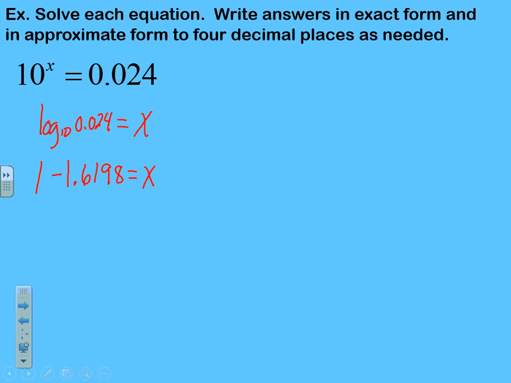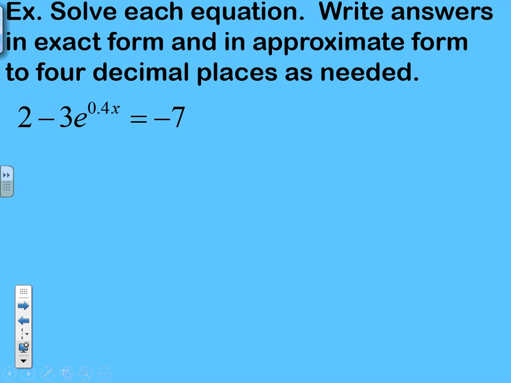Now again, we're rounding at some point. The decimal keeps going, so you could save the number into your calculator and then go back and say 10 to that whole saved number and hit enter, and it will go to 0.024 exactly. So there's 2 out of the way as far as how we're going to solve a log or an exponential equation when the strategies that we've tried before don't work out for us.